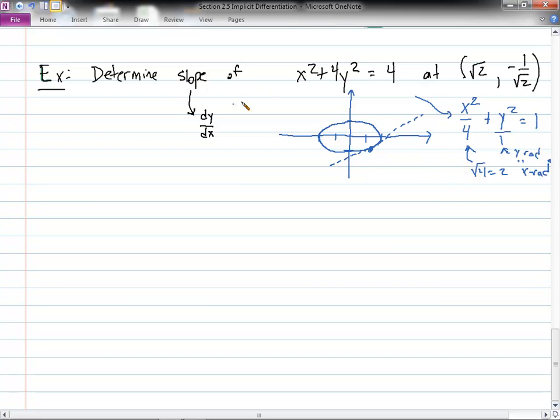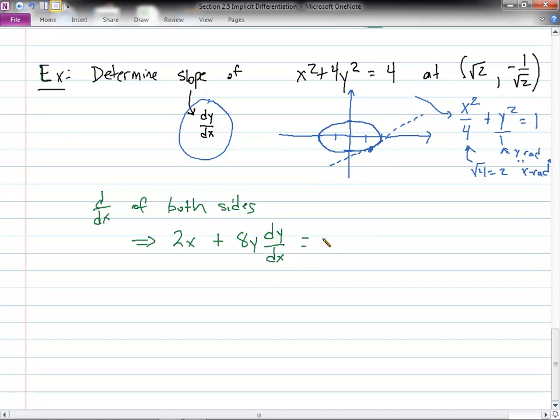But of course, because we're trying to find the derivative, all we have to do is use implicit differentiation. So take the derivative of both sides with respect to x. d/dx of both sides gives me 2x plus 8y dy/dx equals 0.